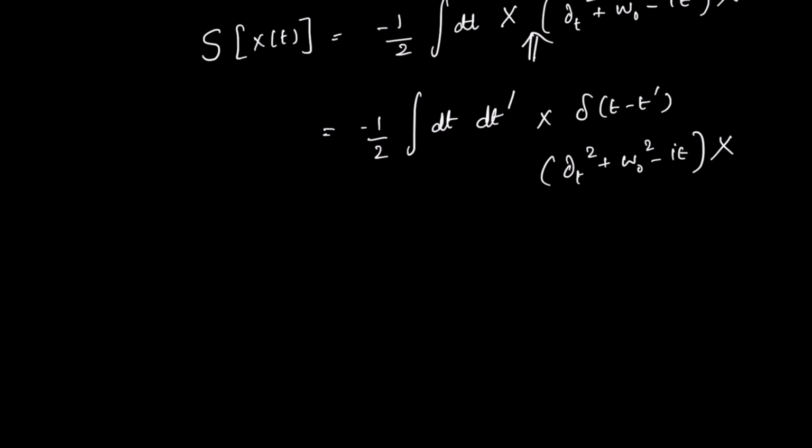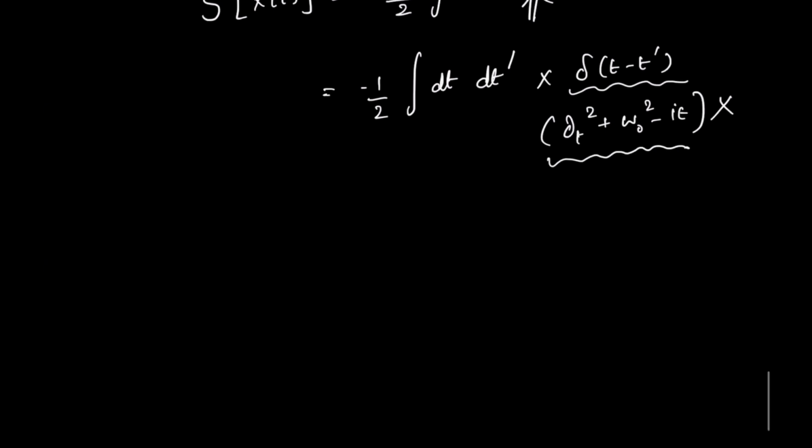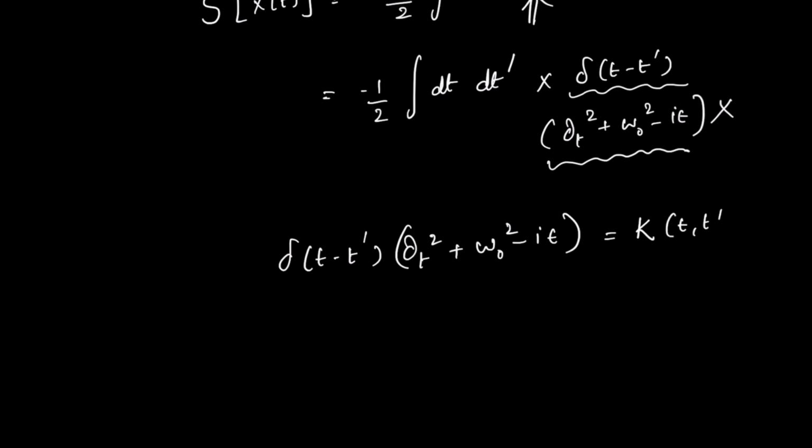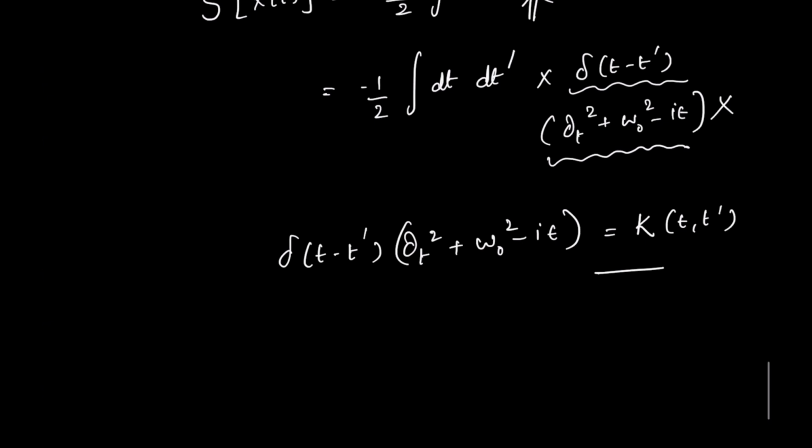Now this delta function multiplied by this bracket, I can define as k of t prime. So it is a matrix: the delta function multiplied by partial derivative square plus omega naught square minus i epsilon, I am going to define as k of t prime. Let this be equation number 1.